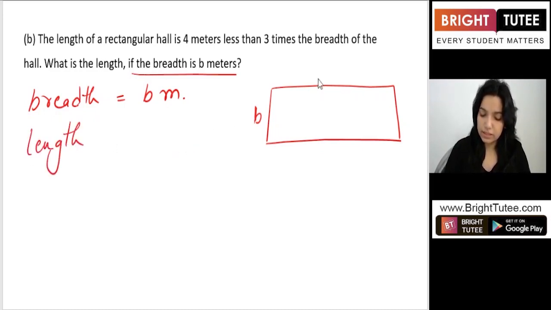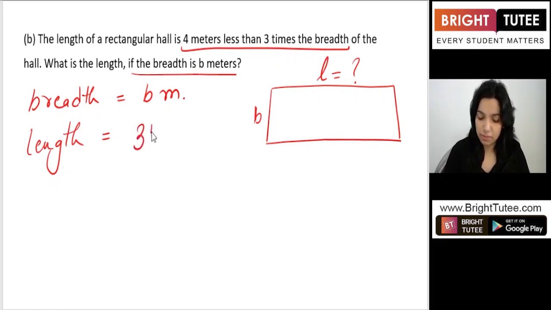Now let us talk about the length, right? So clearly this is the length part, and how much is it related to the breadth? Let us find out. So now length is equal to 4 meters less than 3 times the breadth. So what is the breadth? 3 times breadth is 3b, and we need to take away 4 meters from this.